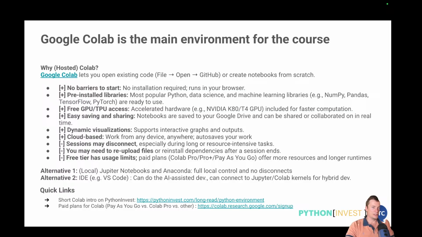You have free GPU and TPU access. That's useful when you're training models that have millions of records with, say, 200 features that we can generate during this course. So it can increase the speed of your model training.